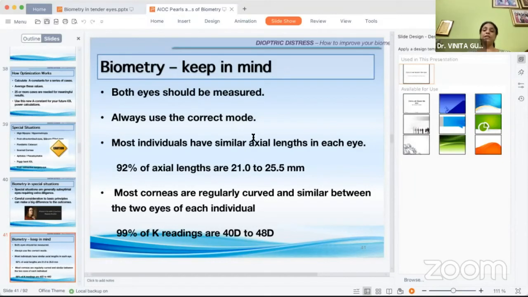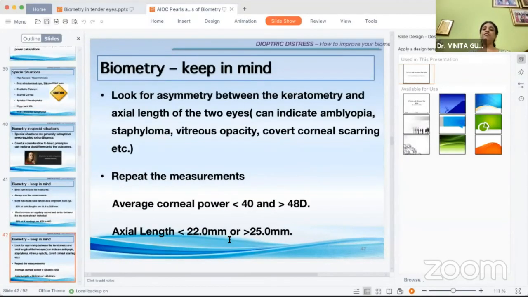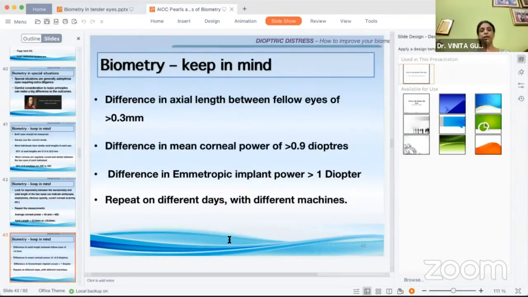Remember, most individuals have similar axial lengths, and most corneas are regularly curved. So if you have variations or deviations from this range of axial length or these K readings, please recheck. Same way, look for asymmetry between the two eyes. And if you do not have a reason or a known documented answer for it, please repeat your measurements.